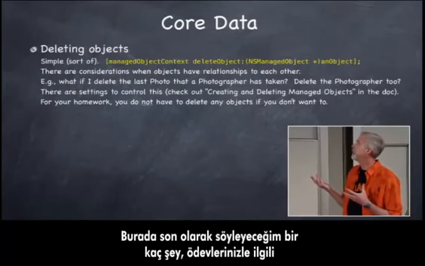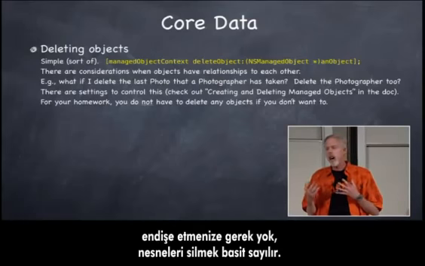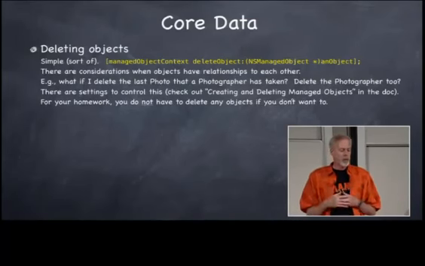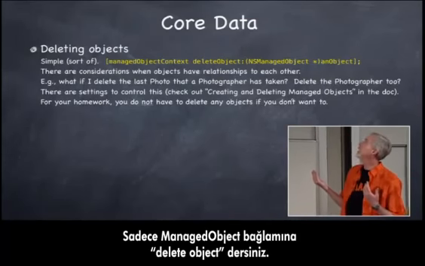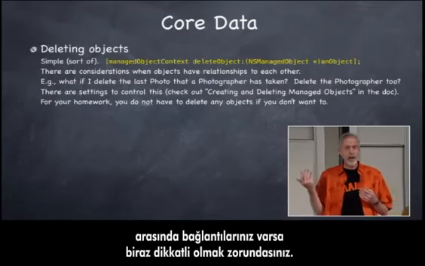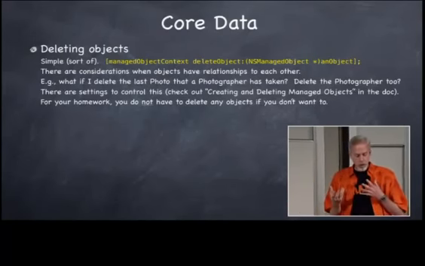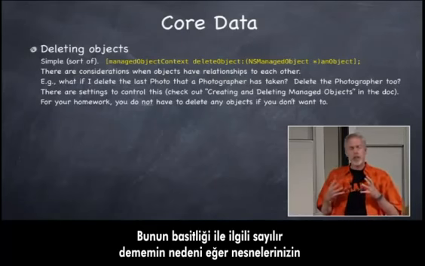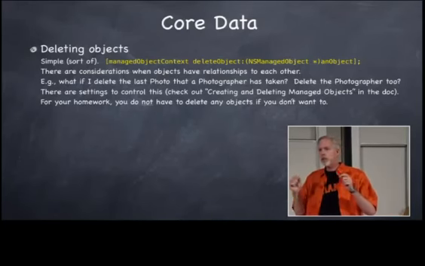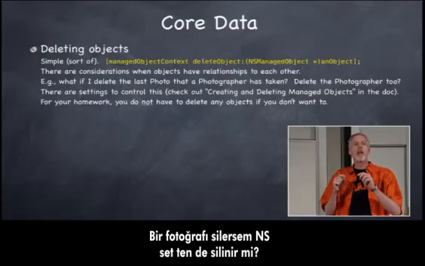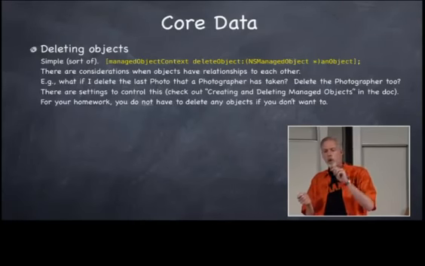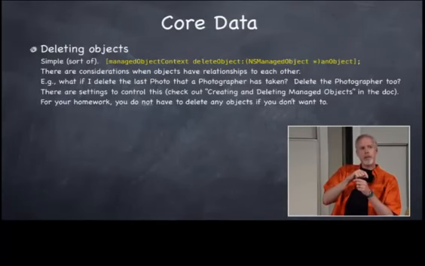The last few things I'm going to talk about here, you don't really have to worry about for your homework, but deleting objects is straightforward, kind of. You just say deleteObject to the managed object context. The reason I say sort of is you have to be a little bit careful if you have relationships between objects. What happens if I delete a photo, does it get deleted from the NSSet?